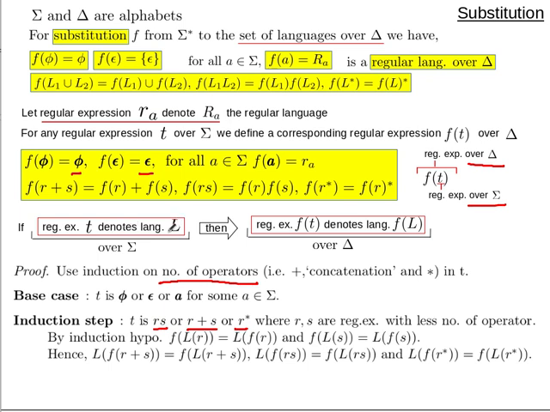So this L is what? This L is L of T, right? And the language which is expressed by f of t is what? L of f of t.